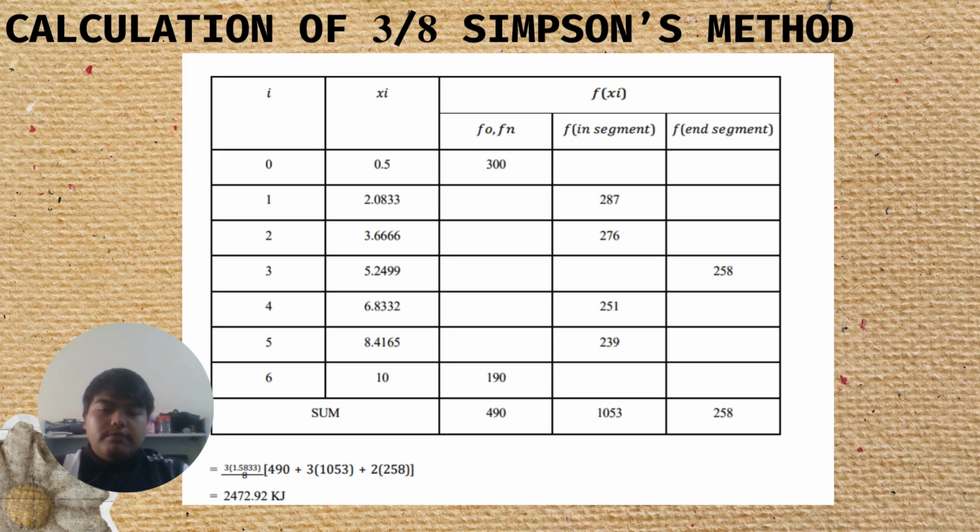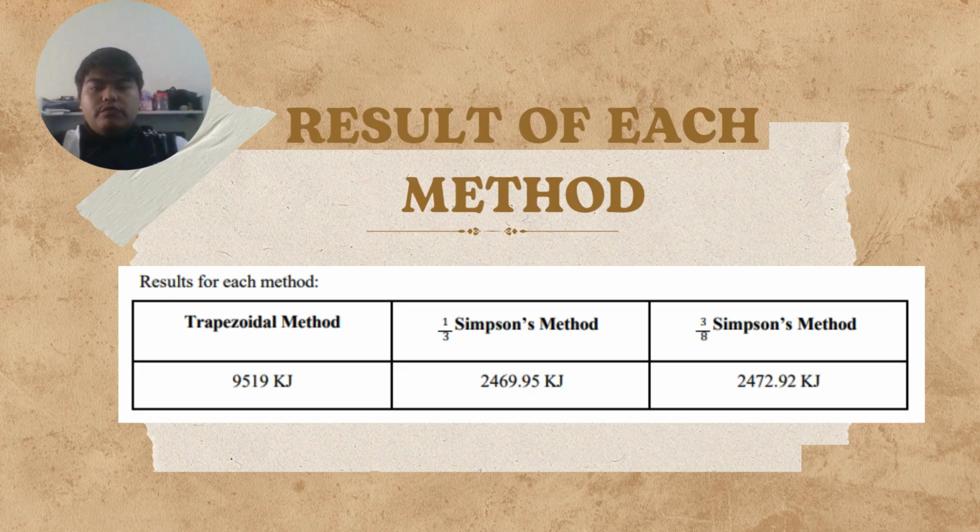So you got 2,472.92 kJ. So this is the result of each method. For trapezoidal it is 9,590 kJ. The 1/3 Simpson method is 2469.95 kJ, and the 3/8 is 2472.92 kJ.